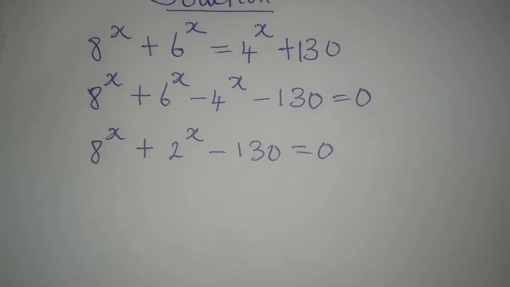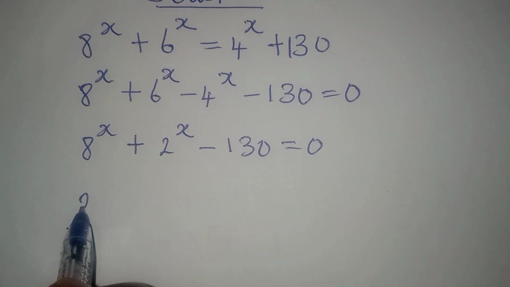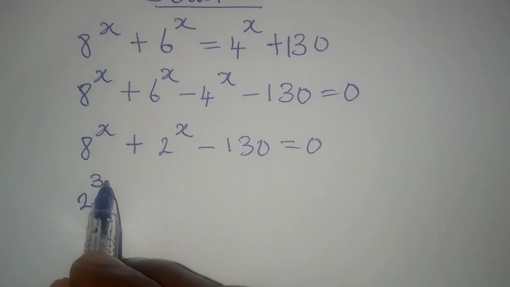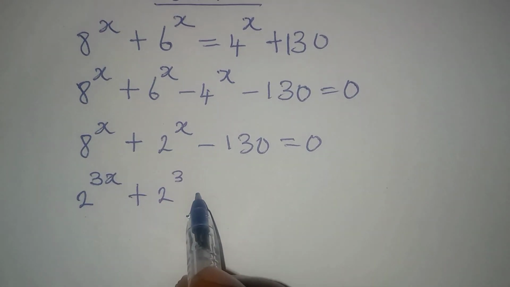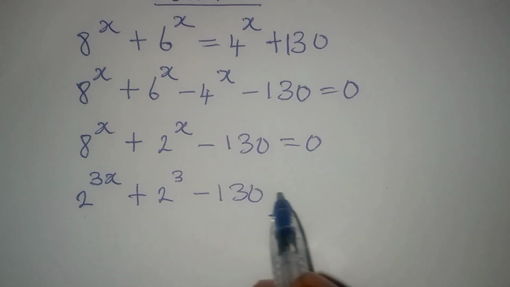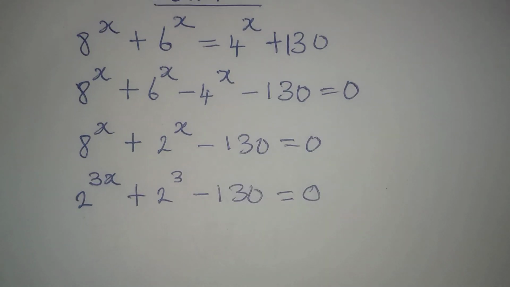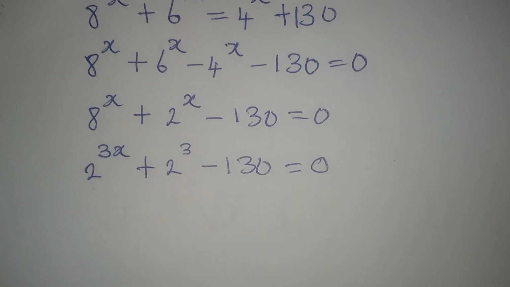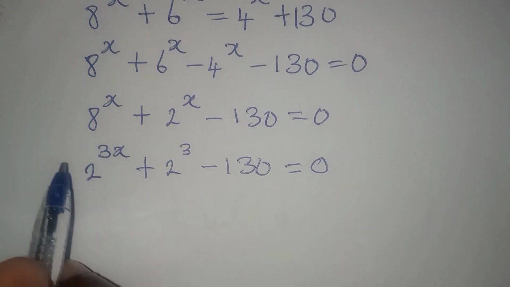Now, the next thing I'm going to do is to break it down. So I have 2 to the power of 3 multiplied by x, plus 2 to the power of x, minus 130 equal to 0. But then, if you look at 2 to the power of 3x, we can rearrange it.